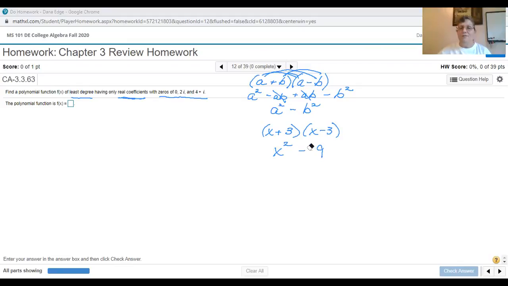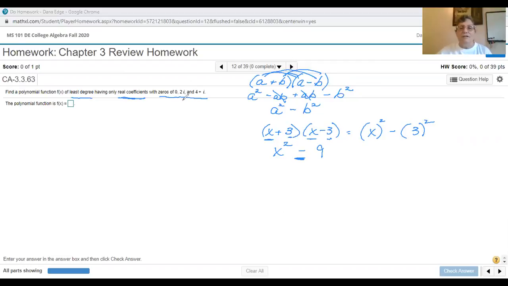So anytime we multiply two conjugates together, we will end up with the first one squared minus the second one squared. So this is going to be x squared minus 3 squared.